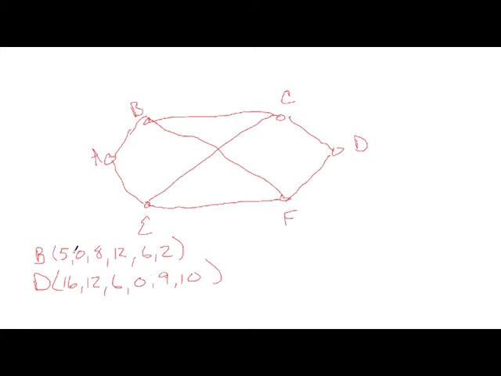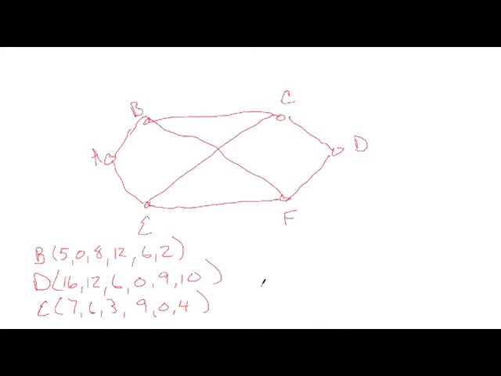Notice that B has a cost of 0 to go to itself, and D has a cost of 0 to go to itself. And then from E, you get 7, 6, 3, 9, 0, 4. And E goes to itself.